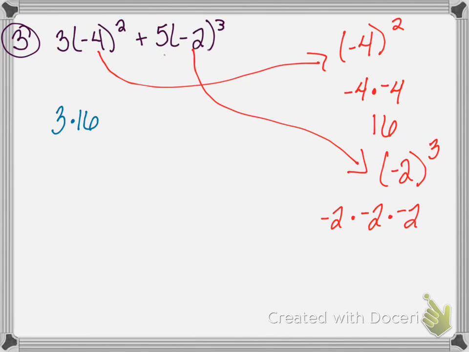Negative 2 times negative 2 is positive 4. And then I've got that negative 2, so I get negative 8. So if you've got a negative number raised to the second power, you're squaring it, you're going to get a positive number. If you've got a negative number and you're raising it to the third power, you're going to get a negative number.